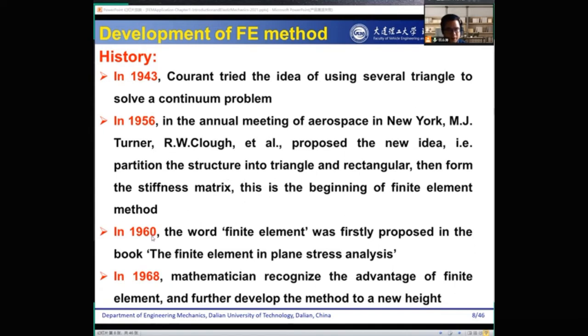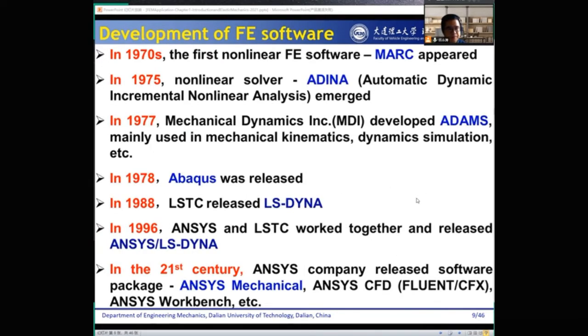And in 1960, the term finite element was first proposed in the paper on the finite element in plane stress analysis. Eight years after, mathematicians recognized the advantage of the finite element method and developed it to a new height, which means they improved the method.